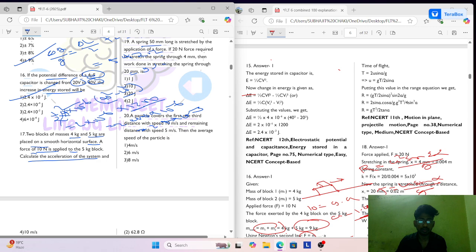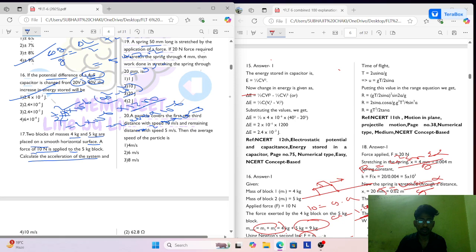F is equal to 20 Newton divided by 4 millimeter, which means 4 into 10 to the power minus 3. So it will be 20 into 10 to the power 3, that means 20,000 divided by 4, which is 5,000. K will be equal to 5,000 or 5 into 10 to the power 3. And the work done is equal to half k x square, that means half into 5 into 10 to the power 3 into 20 into 20 into 10 to the power minus 6.